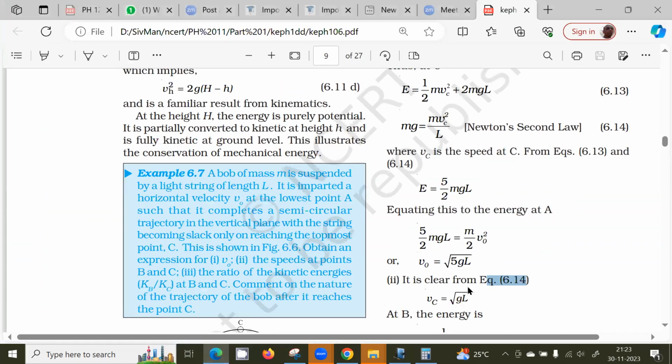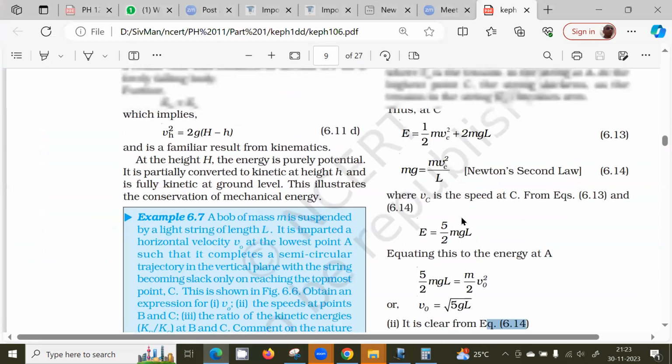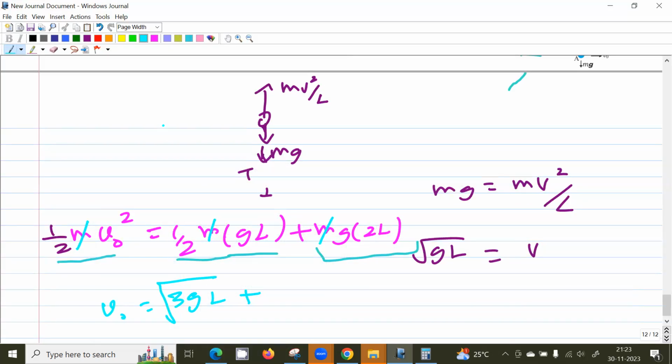Fine. I made a mistake. 2 plus 1 by 2 is 5 by 2. Multiply by 2. 4, yeah, sorry. This is 5. So root 5 GL.